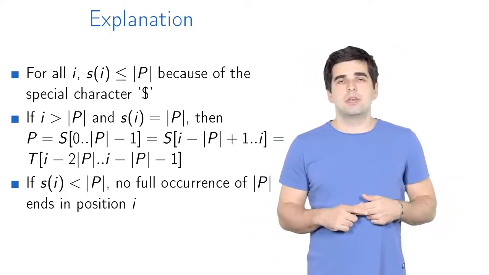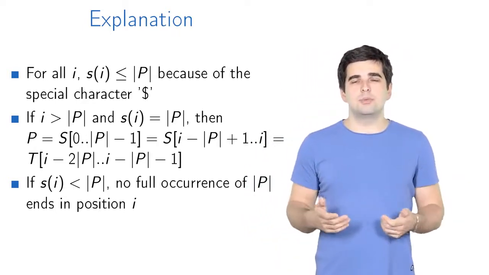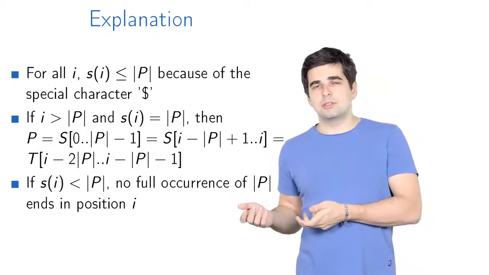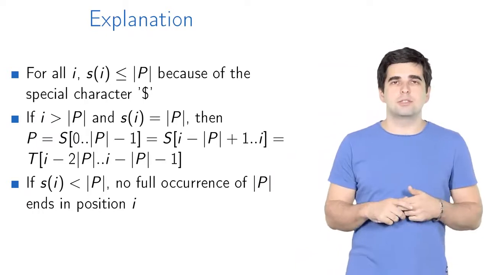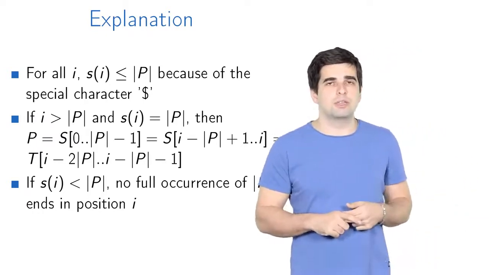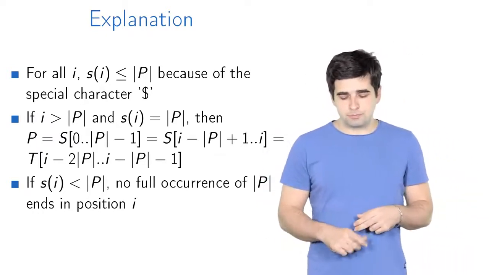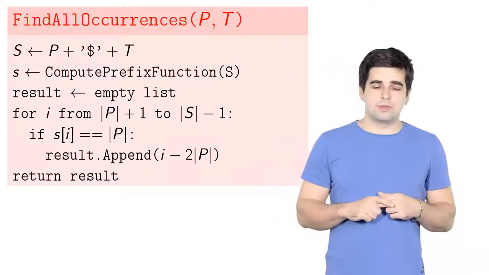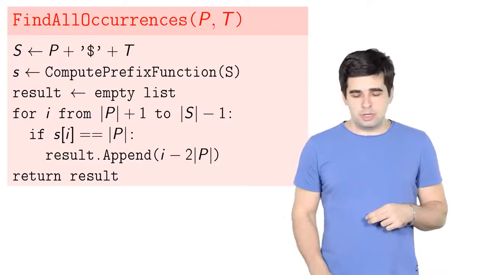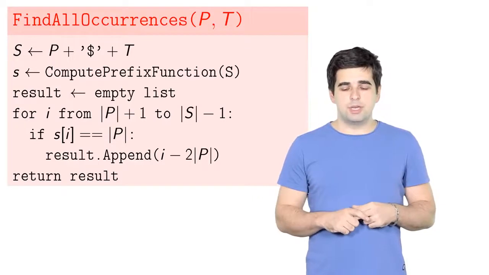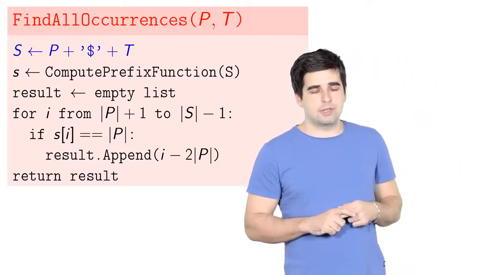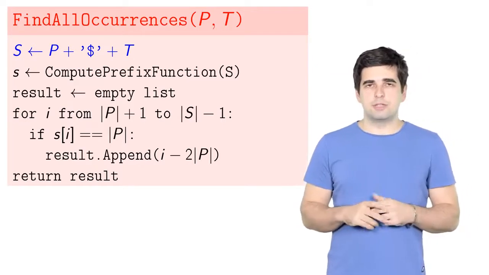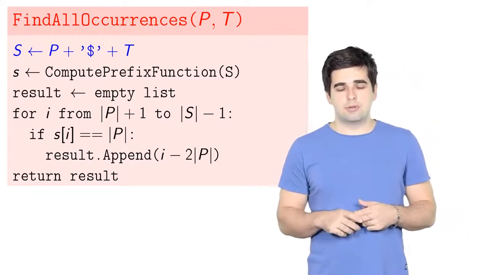And that means that we found all the positions in which the pattern ends in the text, and so we've of course also found all the positions where it starts in the text by subtracting 2 times the length of the pattern from each such position. So the pseudocode for this algorithm is already pretty simple. We take as input pattern P and text T. We assemble string S by concatenating the pattern with the special symbol dollar and the text.